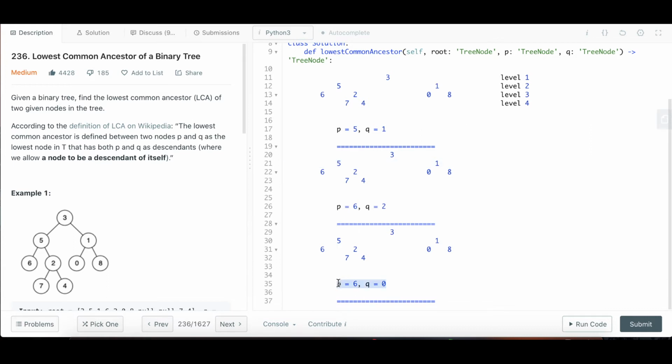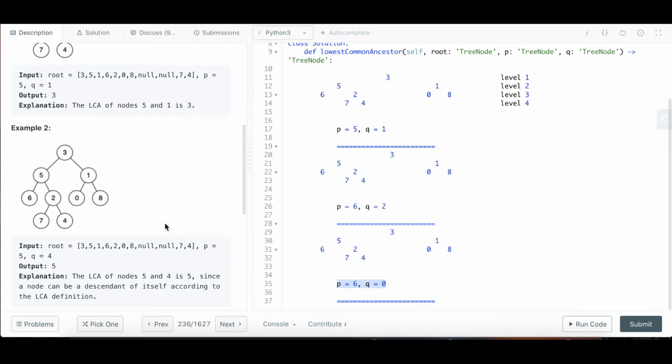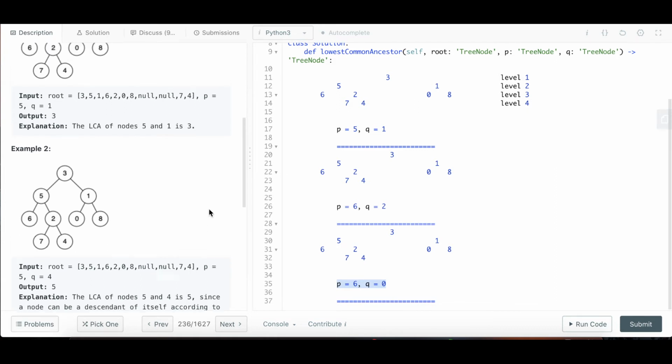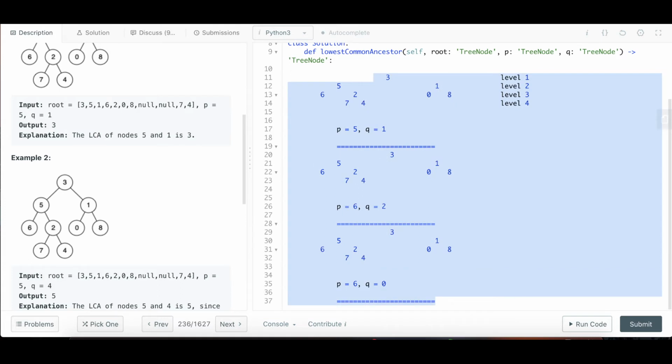The last example is where you have one of them in the left subtree and the other one in the right subtree. Regardless of where they are, if the two nodes are on two sides of the root, then your lowest common ancestor is the root, regardless of where they are located.